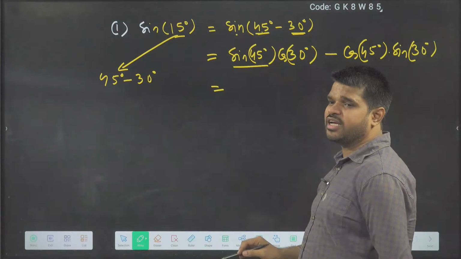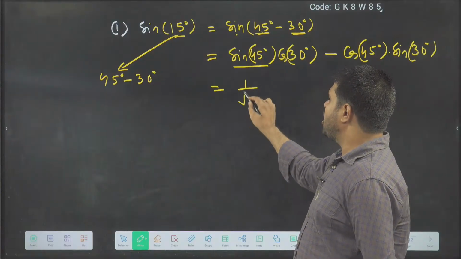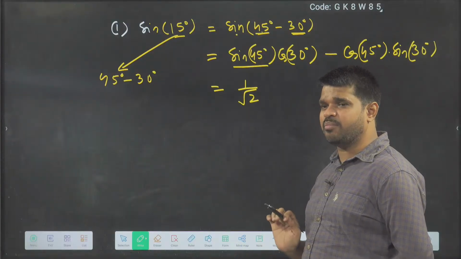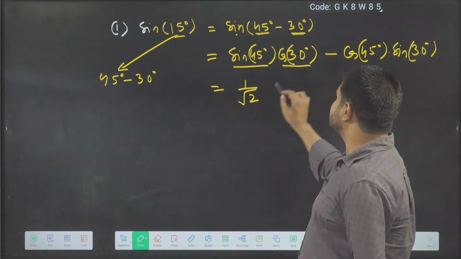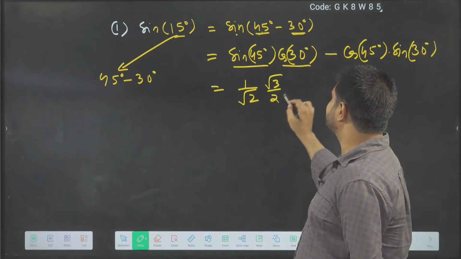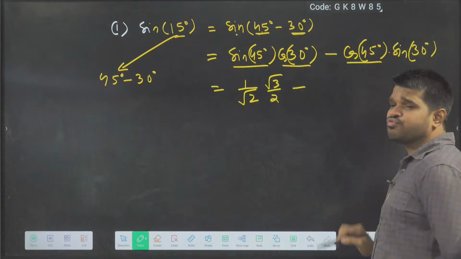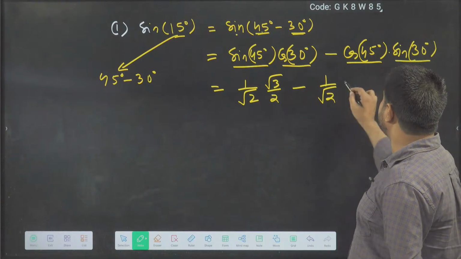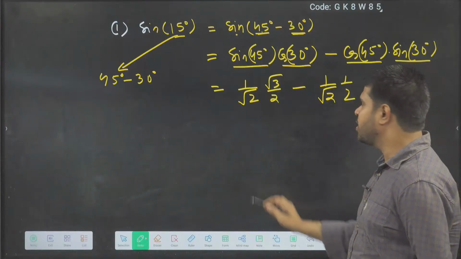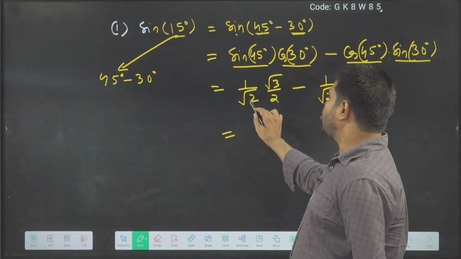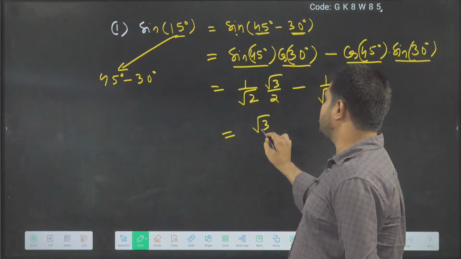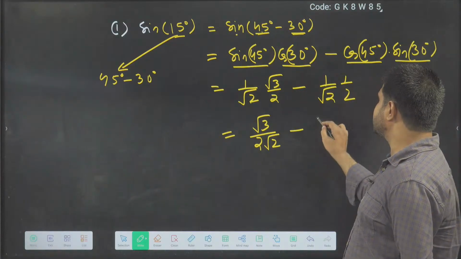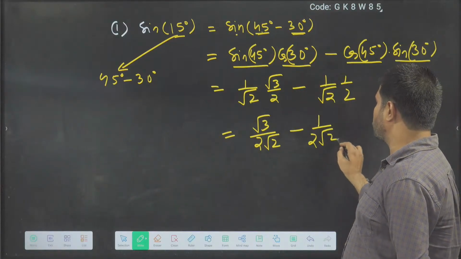Now substitute values. Sine 45 degree is 1 by root 2. Cos 30 is root 3 by 2, minus cos 45 degree which is also 1 by root 2, into sine 30 degree which is 1 by 2. So basically I got 2 root 2 in the denominator: root 3 by 2 root 2 minus 1 by 2 root 2.